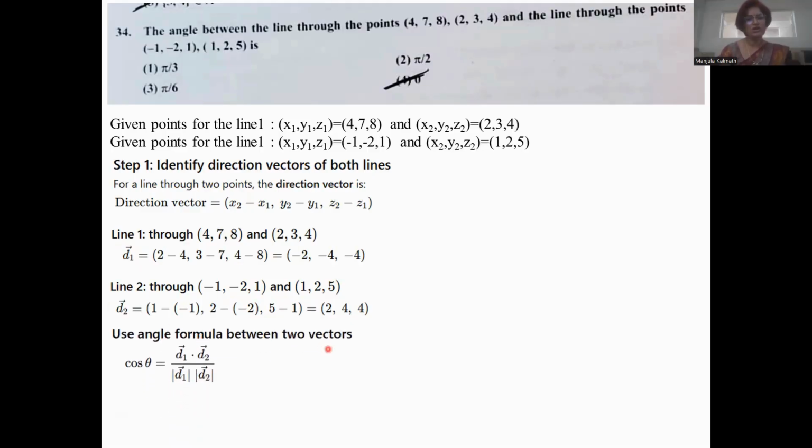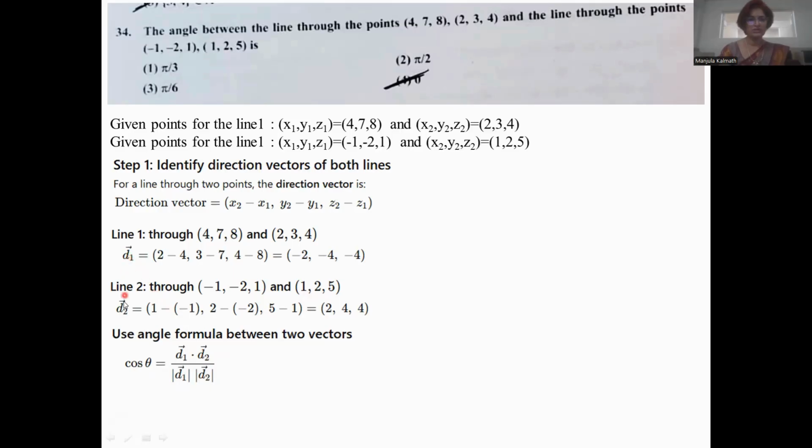Now the formula to find the angle between two vectors: cos theta equals the direction vector D1 of the first line dotted with the direction vector D2 of the second line, divided by the modulus of this and this. So this is the formula here.